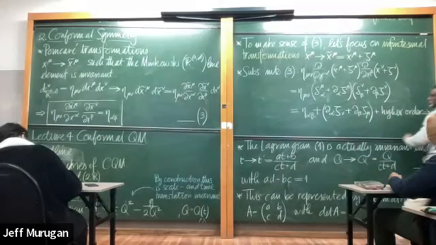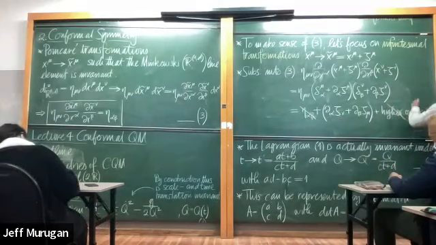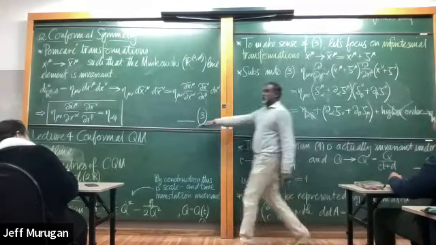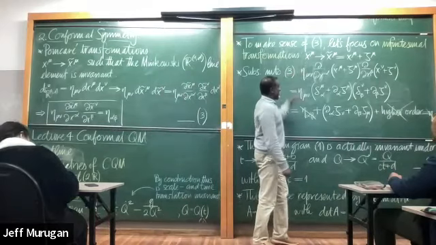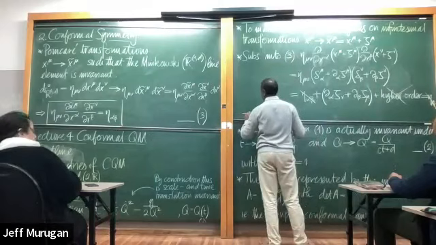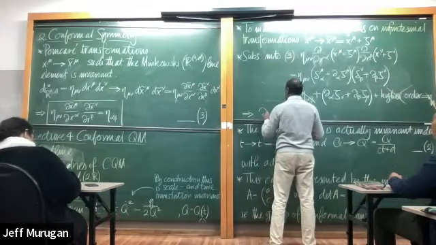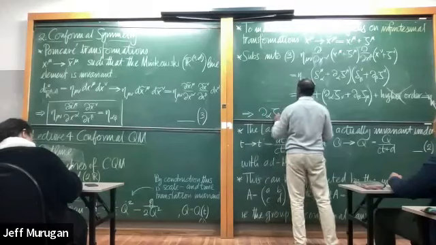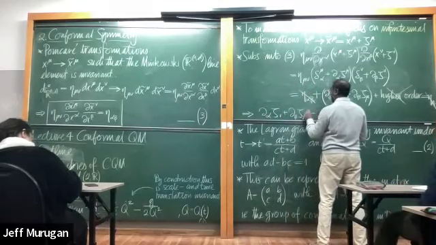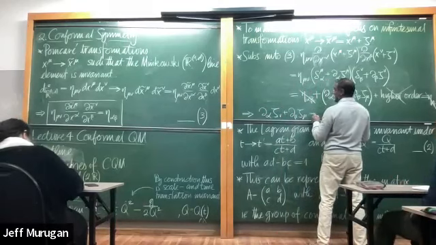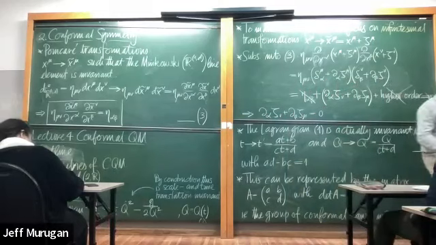You can see that these two cancel out. The higher order terms we're discarding, so I don't care about these. This tells me that equation 3 holds for infinitesimal transformations, provided d alpha zeta mu plus d beta zeta mu equals 0.